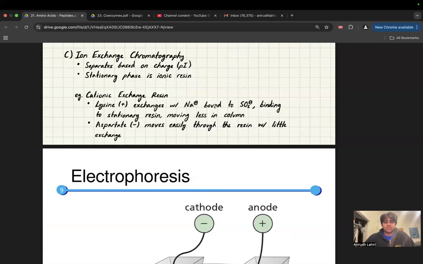All you really have to understand is that in a cationic exchange resin, the negative will move easily through the resin, because cationic exchange resin means that we have negatively charged resin. And in anionic exchange resin, the positive will move very easily because we have a positively charged resin. So again, keep in mind, cationic in this context means that because it's a cationic exchange resin, it's attracting cationic things, so it's negative. This is so important because if you mix this up, you have the whole problem upside down.